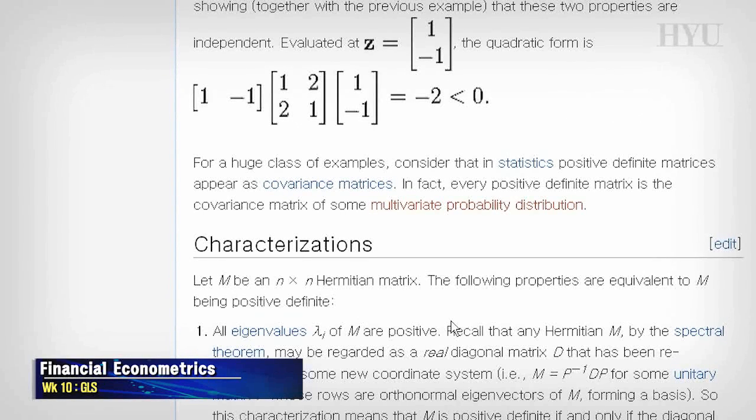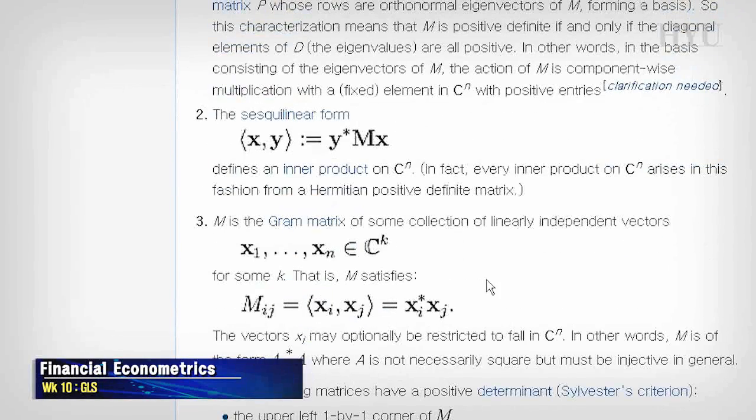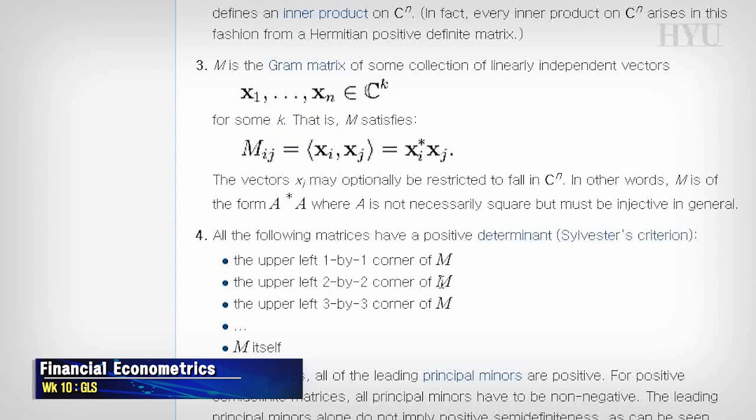And I think there is a sesquilinear form, inner product on C^n. That is not important. That is a Gram matrix, a collection of linearly independent vectors.